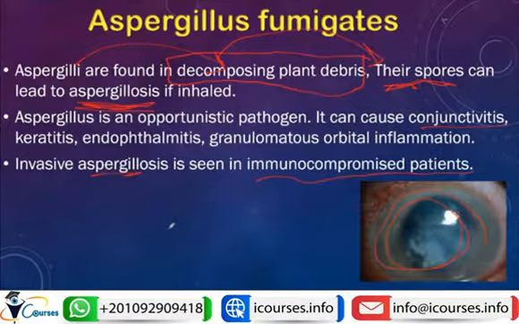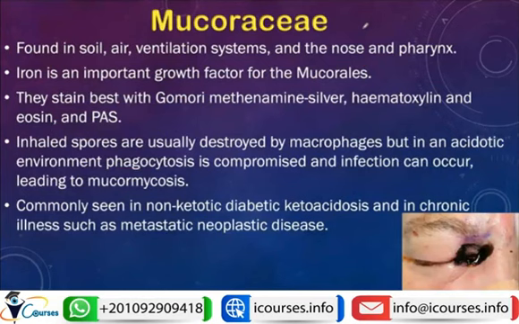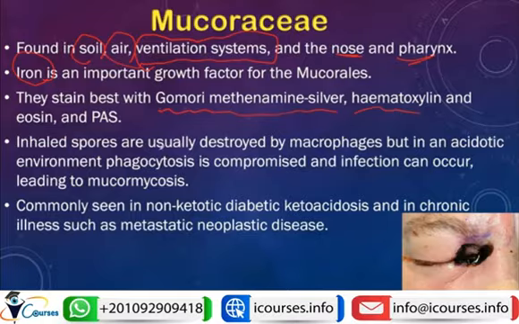The other form of filamentous fungi is called Mucor. Mucor is present in the soil, in the air and ventilation system, and in the nose and pharynx. It depends on iron for its growth, and it can be detected by Gomori methenamine silver, hematoxylin and eosin, and periodic acid-Schiff stains.